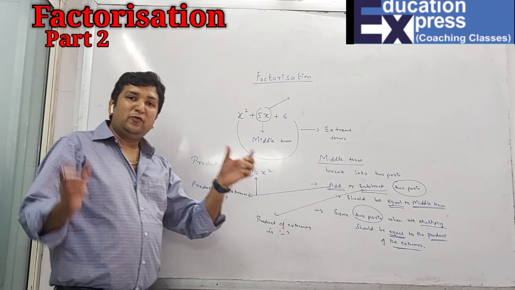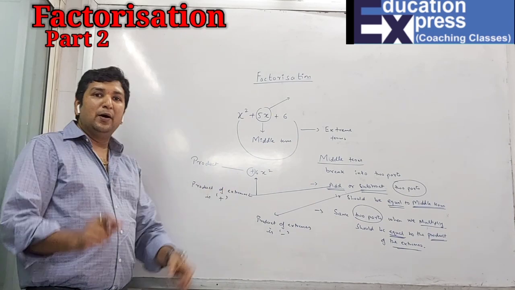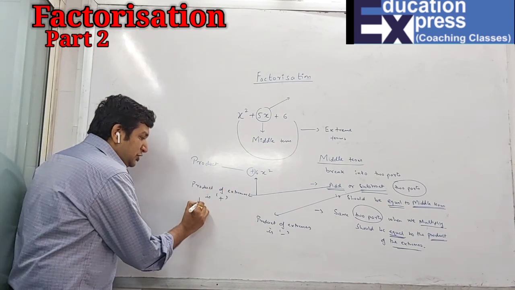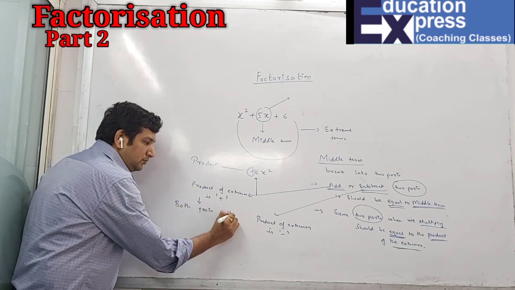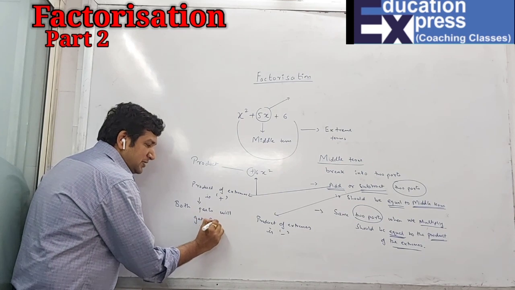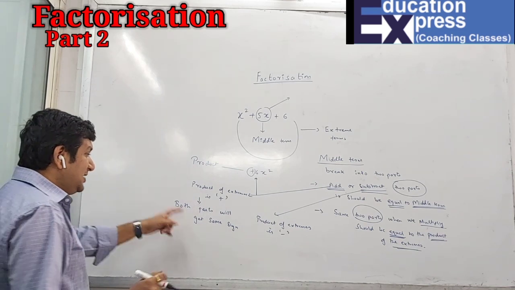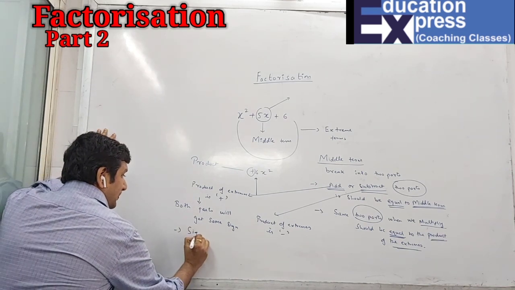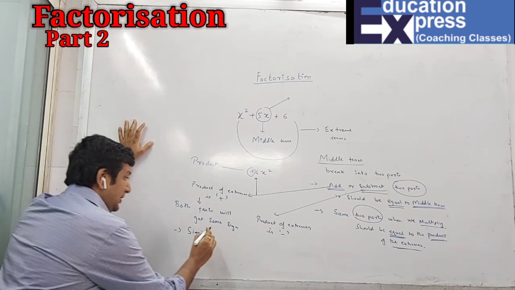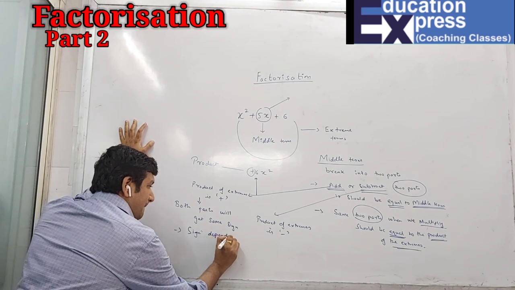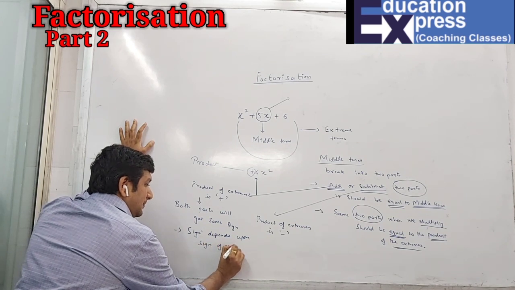Now, when I say that you have to add two numbers or two parts to get the middle term, add means both the numbers will get the same sign. That means both will get either plus or minus, and that sign of both the parts depends upon the sign of the middle term.